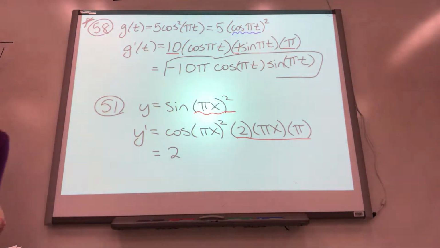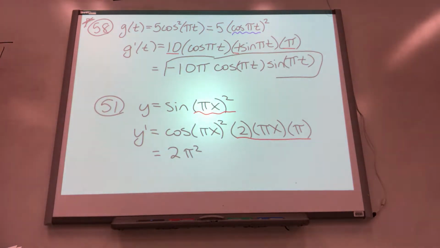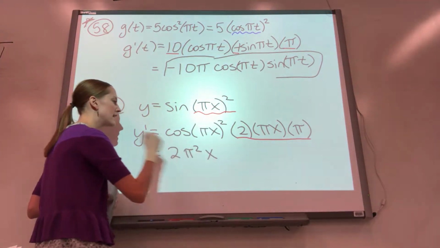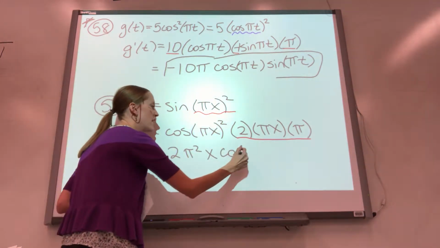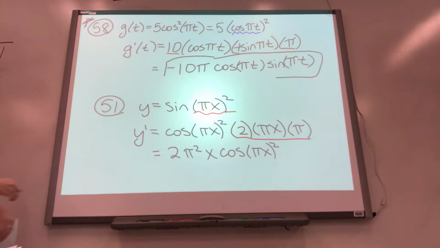Now pi times pi, it might be easiest to write that as pi squared if you want. I'm not sure what the back of the book did, but that would be easiest. And then you also have an x with that stuff. And then right after that, I can put the cosine of pi x squared. That's probably our best answer there on 51.